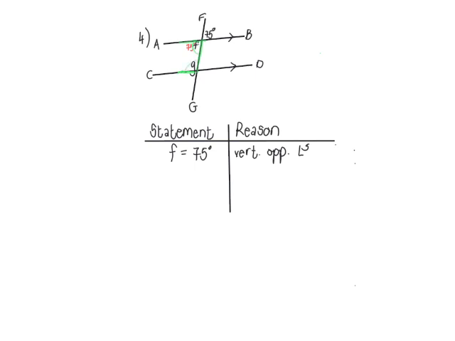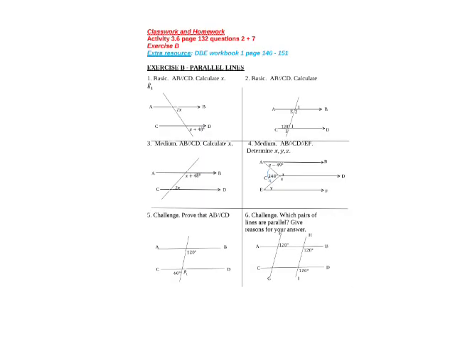So I can write here that F, which is now 75 degrees, plus G is equal to 180 degrees, because they are co-interior angles, and they're between the parallel lines AB and CD. And now we solve for G by subtracting 75 from each side, and that gives you 105 degrees for the size of angle G. And that's all there is to it.